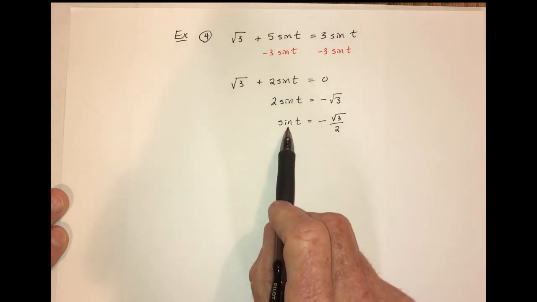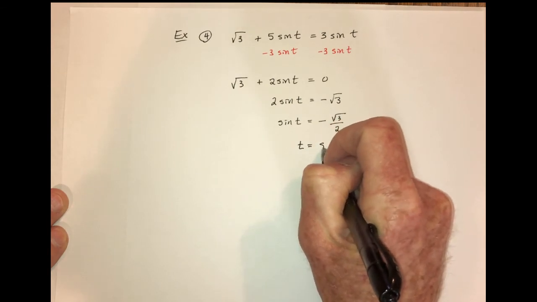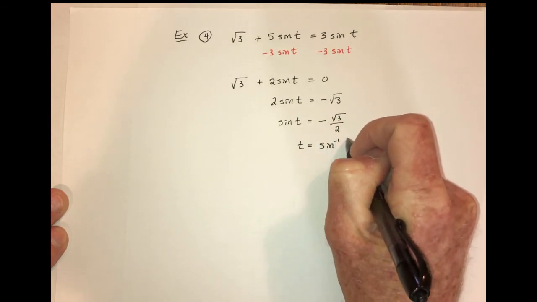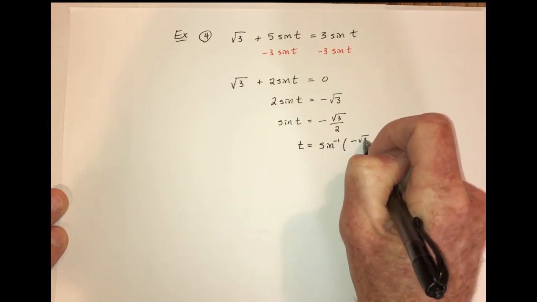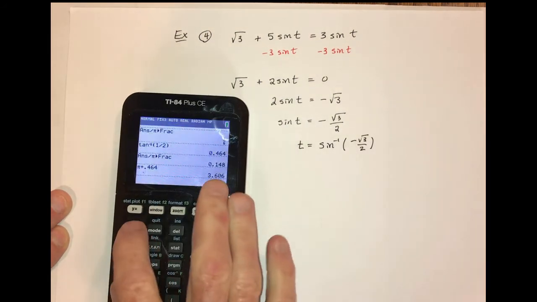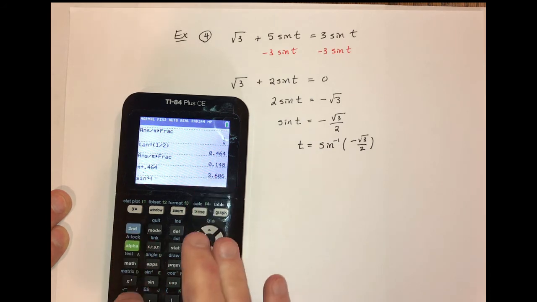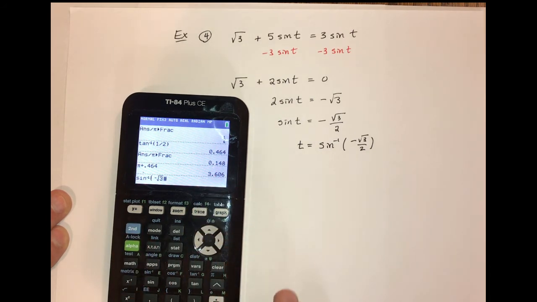Excellent. Now that we have sine equals a number, you can use sine inverse. And then sine inverse of negative the square root of 3 divided by 2.